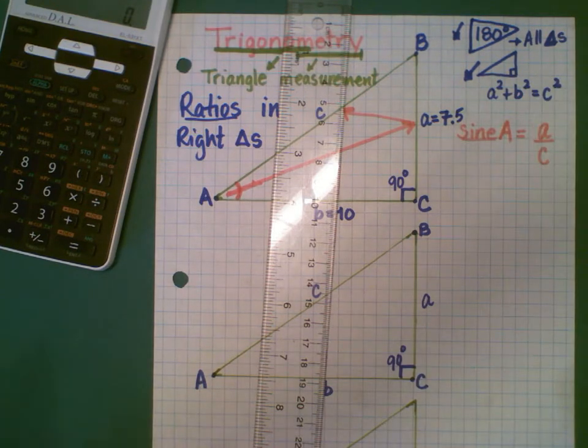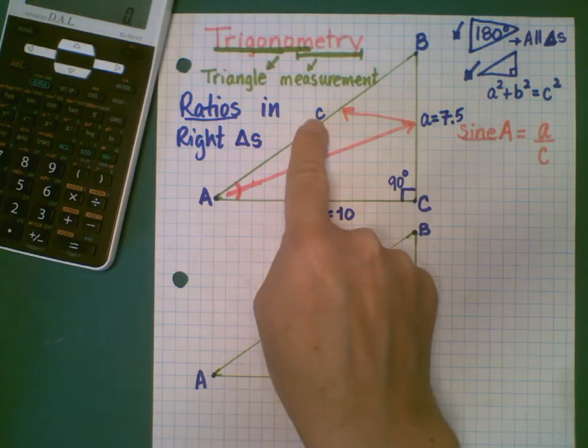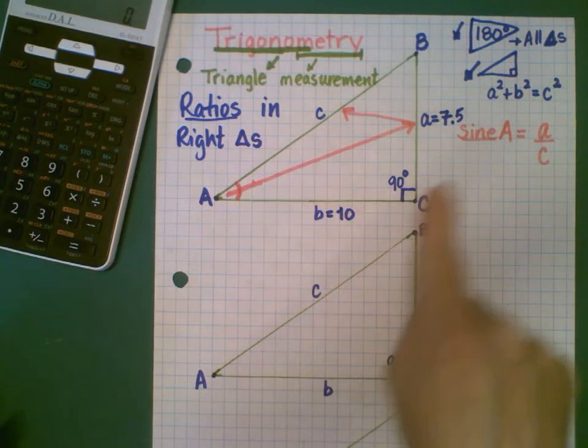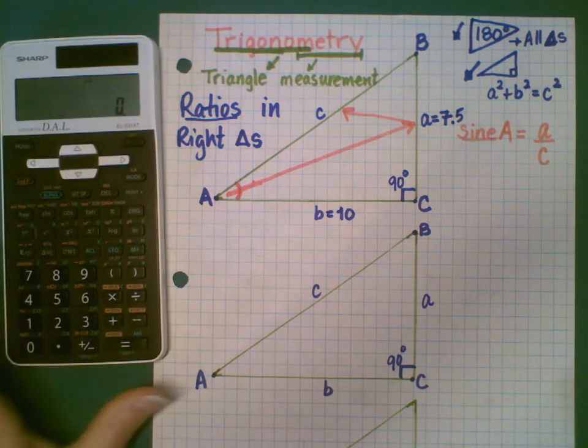Okay, so I can use my Pythagorean theorem to find the length of C if I want to use this sine ratio, because I need to know A and C. I know A, but I don't know C, so I'm going to use Pythagoras to get there.